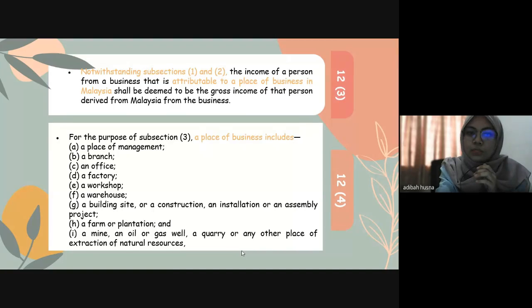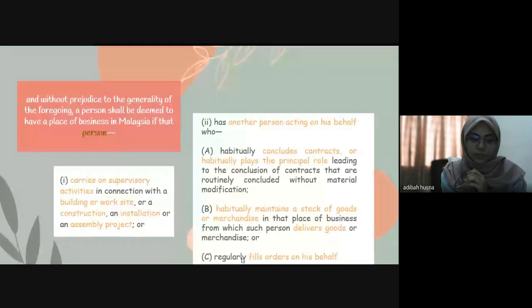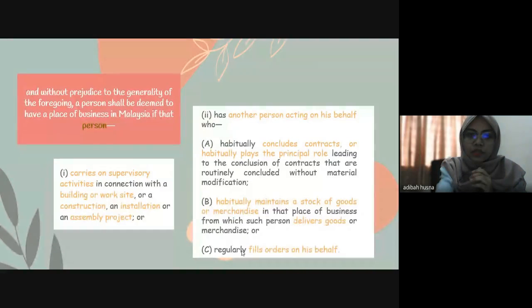Subsection 4 also deems a person to have a place of business in Malaysia if the person carries on supervisory activities, or has another person acting on his behalf who habitually concludes contracts or habitually plays the principal role leading to conclusion of contracts that are routinely concluded without material modification.